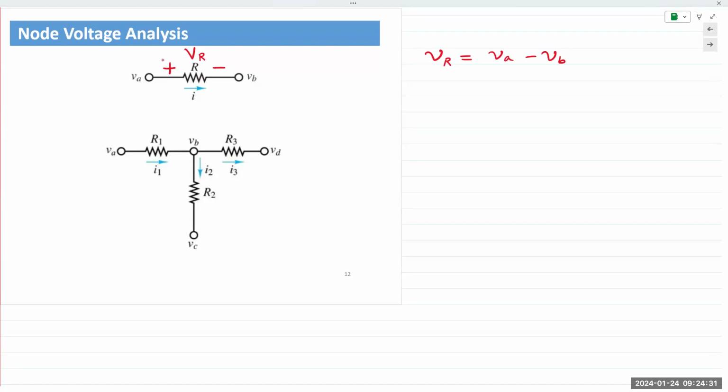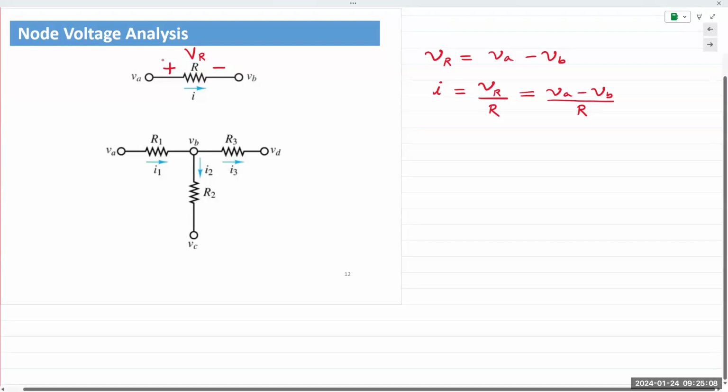Then you apply Ohm's law and you write an equation for I. V equals IR, so I is equal to V divided by R. And so that would be VR over R. Substitute VA minus VB in there, and you have your representation for the current I. Ten-second pause. Think over it. Let me know if you have questions.